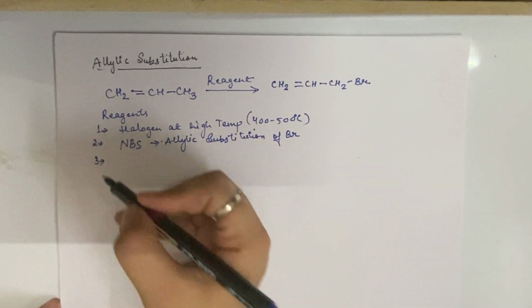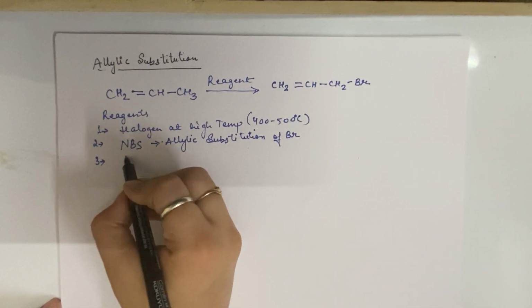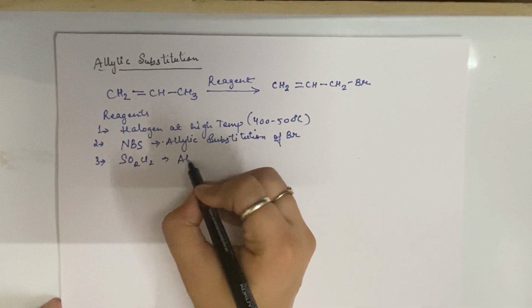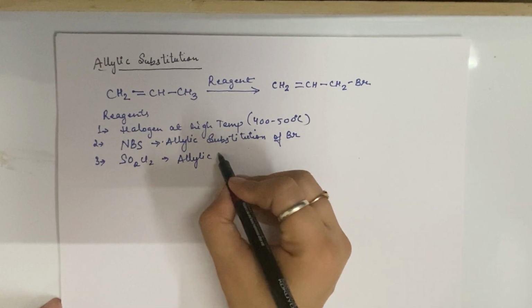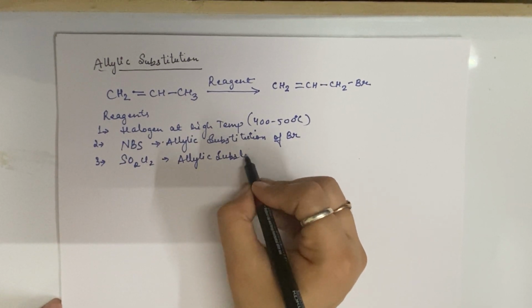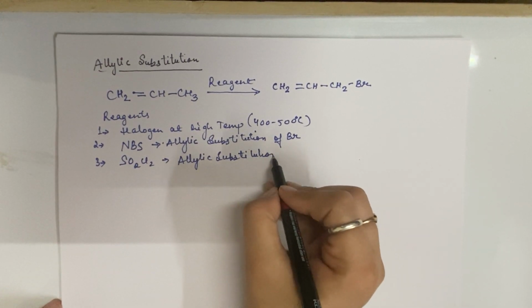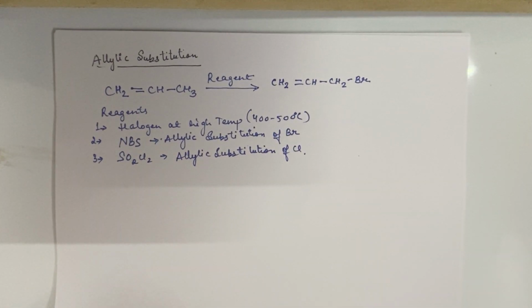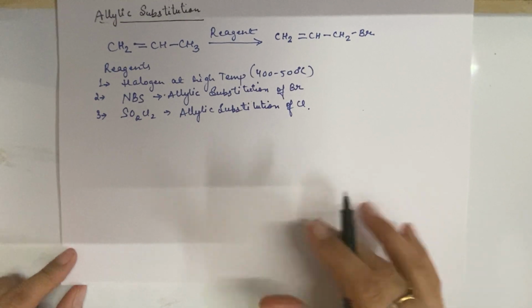And the third reagent which you can take is SO2Cl2, and this will also do allylic substitution, and this substitution is for chlorine. Allylic substitution of chlorine. Right. So on the basis of this, you can solve this question.